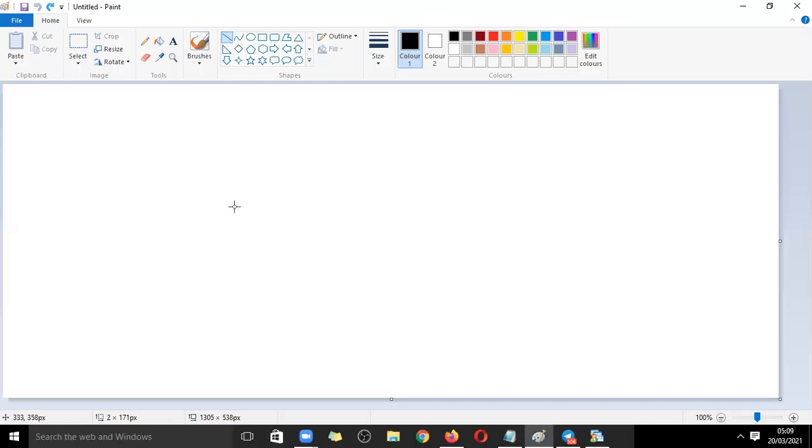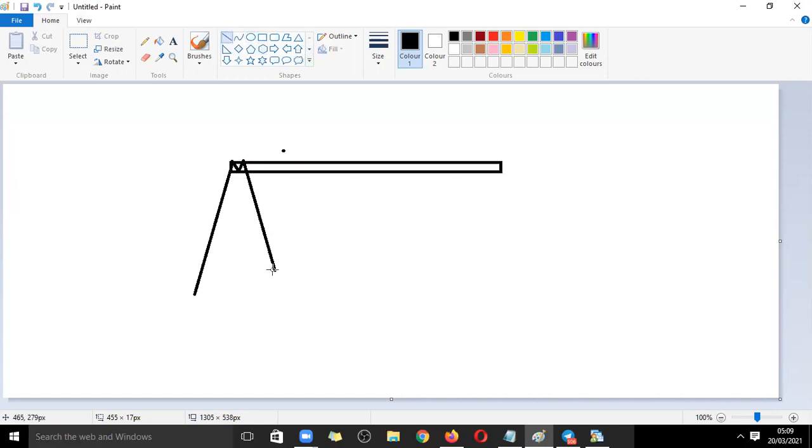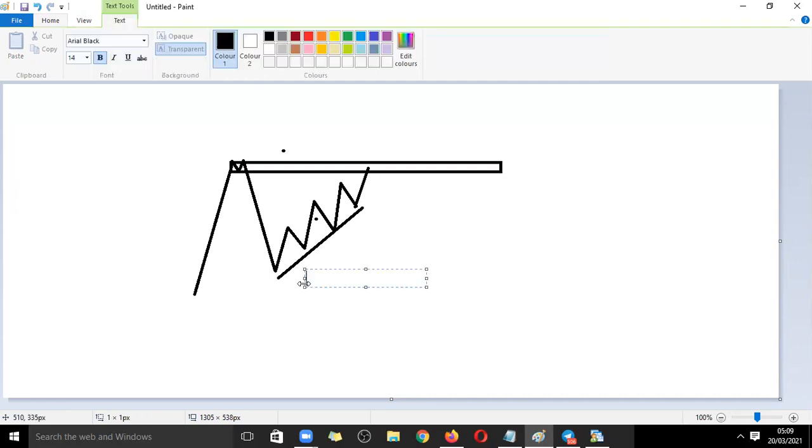Assuming here we had a supply zone, then here we had a compression. That's our compression right there, compression or accumulation.